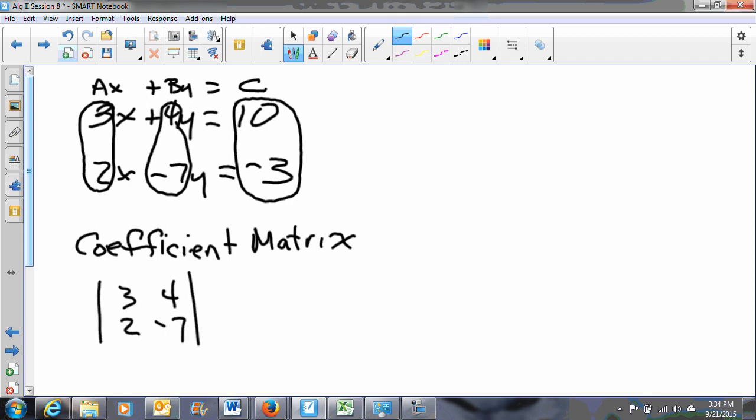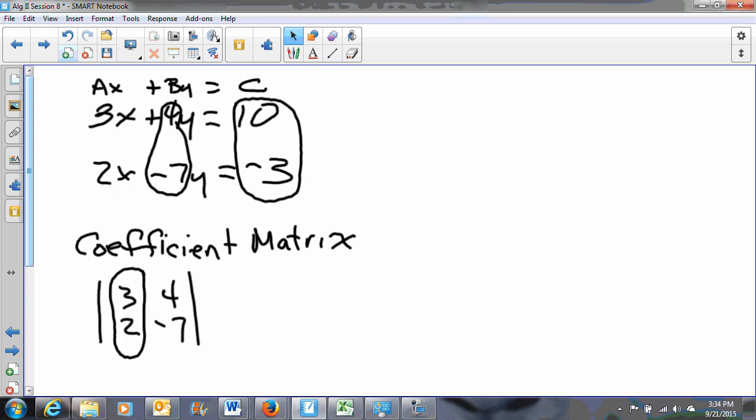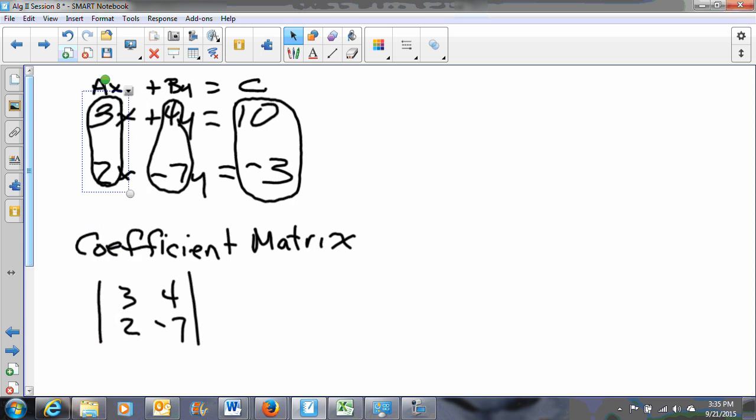Now, spend a moment, pause the video if you need to, and look up at the system and see where the 3, 2 came from and where the 4, negative 7 came from. Okay? Does everybody see that? You need to see that.